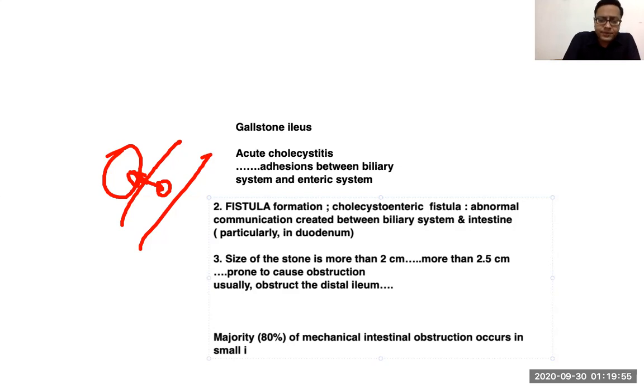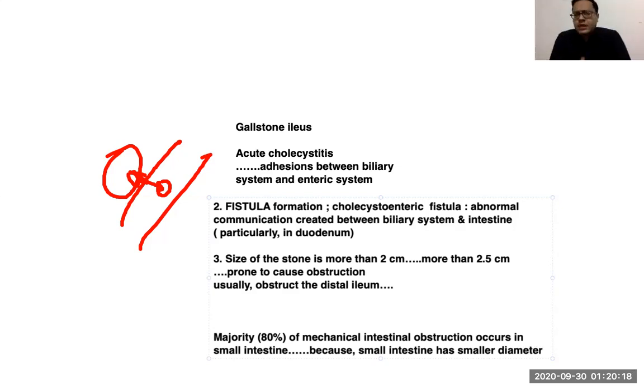The name gives you a clue, because the small intestine has a smaller diameter compared to the large intestine. So out of 5 cases, 4 cases of intestinal obstruction are usually seen in the small intestine.